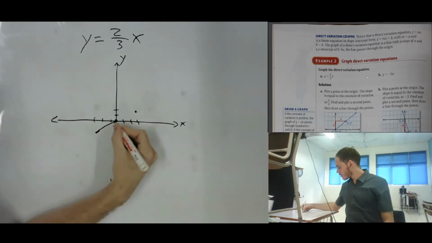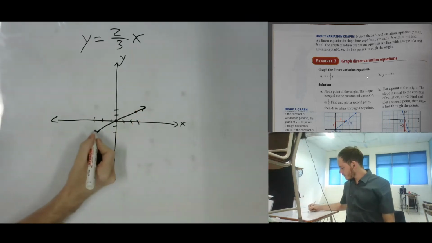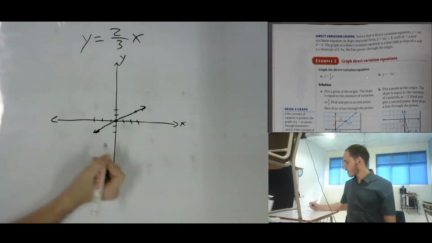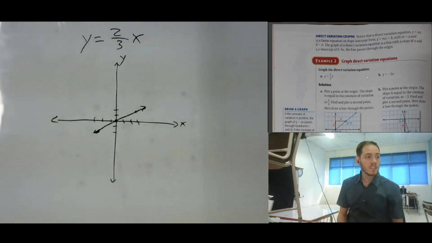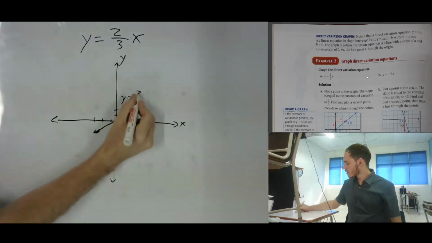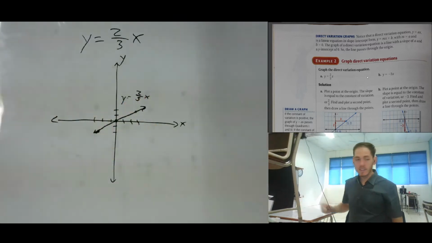And then you draw your line through these points. Okay, and there is your direct variation. This is y equals 2/3 x.